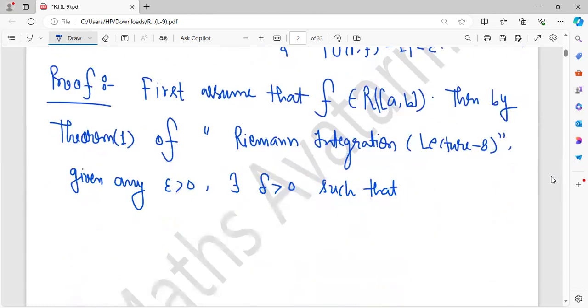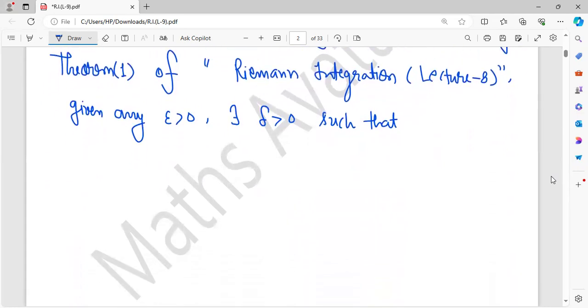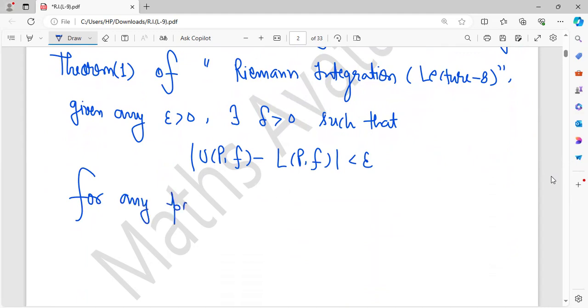So first assume that the function is Riemann integrable. By theorem 1 of the last lecture, given any epsilon greater than 0, there exists delta such that U(P,f) minus L(P,f) is less than epsilon for any partition P of [a,b] with norm of P less than delta.